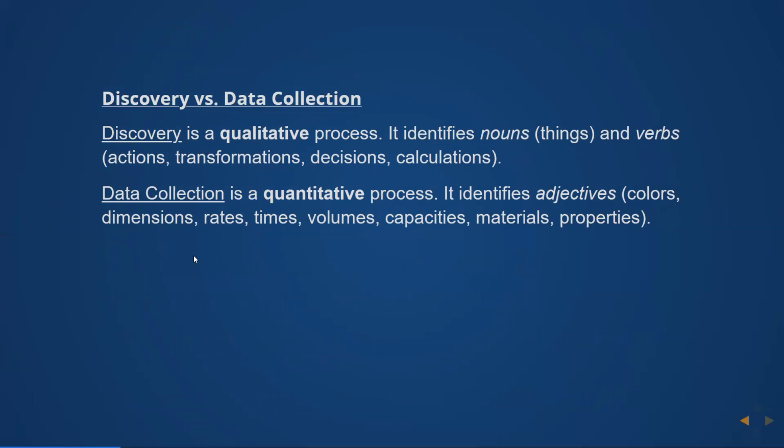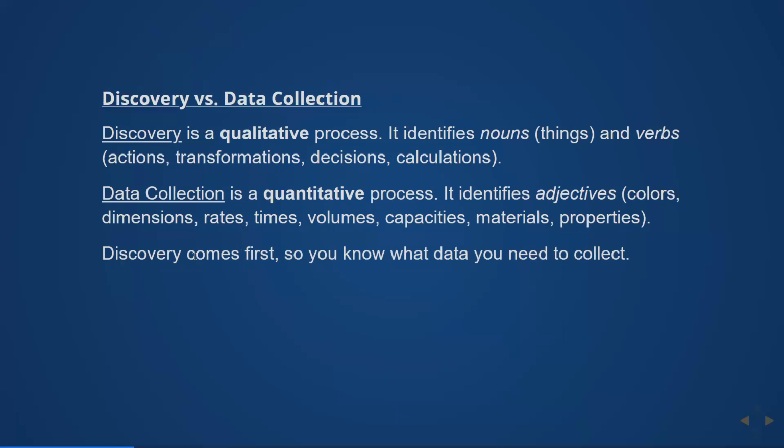So, discovery is finding out what is happening. Again, it's a qualitative process. It identifies nouns and verbs. And then data collection is characterizing all those nouns and verbs with adjectives. That tends to be a more quantitative process.